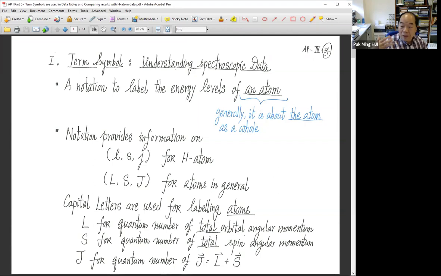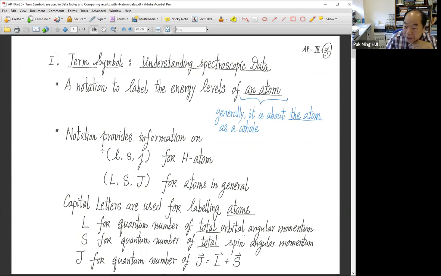They have a convention, a set of symbols to label the states. So how to do it? The whole thing is called term symbol. And that is rather popular in chemistry books, but nonetheless, we need to at least know their labeling scheme. It's rather easy.